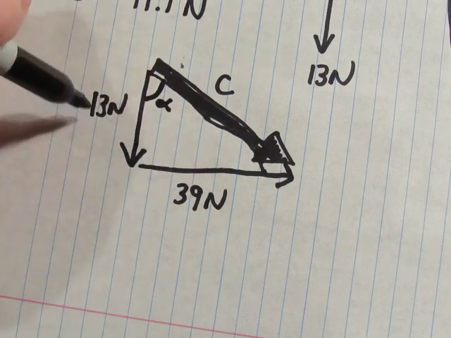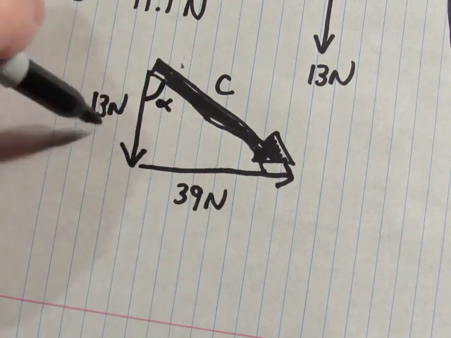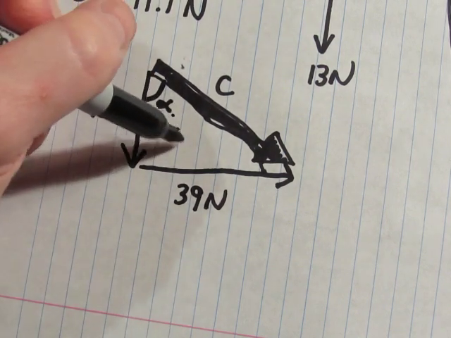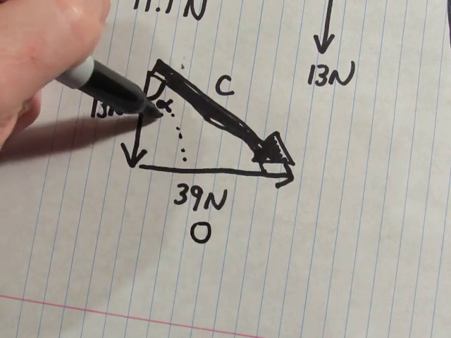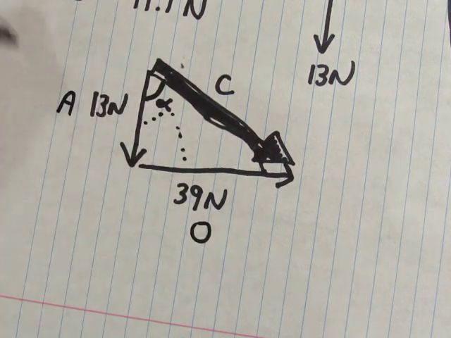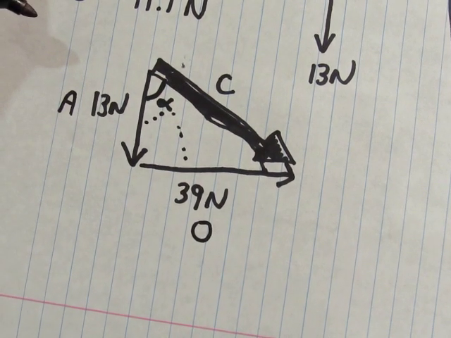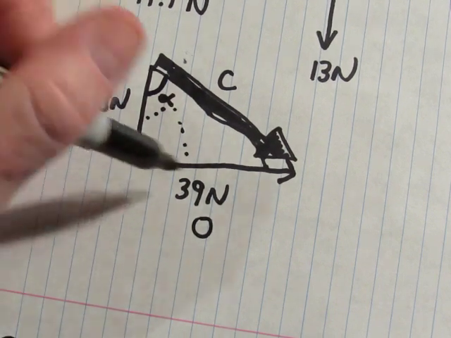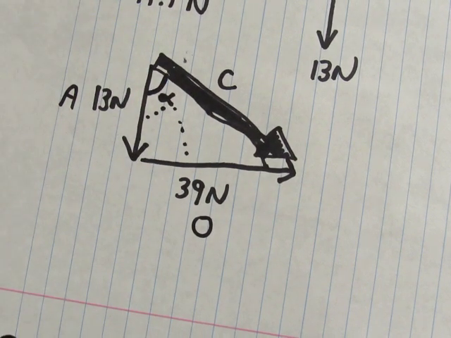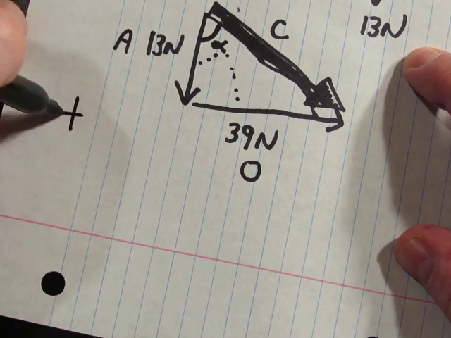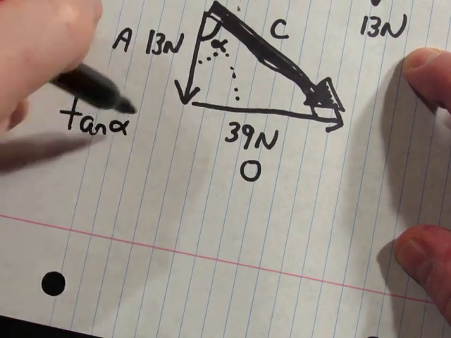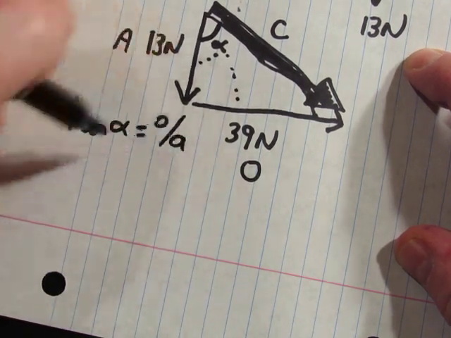I'd rather use these two sides because I'm more confident that these were right. So I have the opposite side and the adjacent side. Again, you're going to find that in physics, 90% of the time, when you do trigonometry to solve problems, you end up using tan. So this is going to be tan of the angle will be opposite over adjacent.